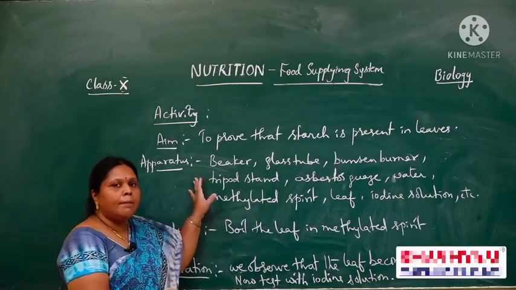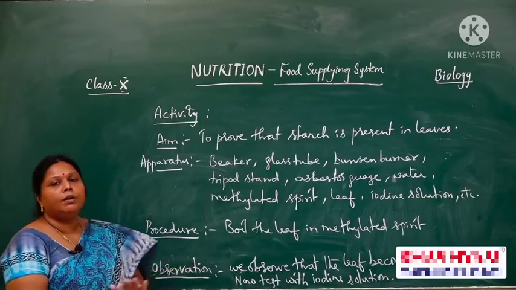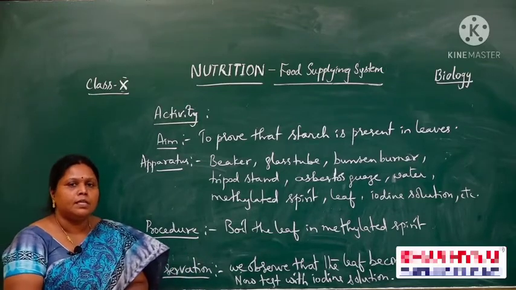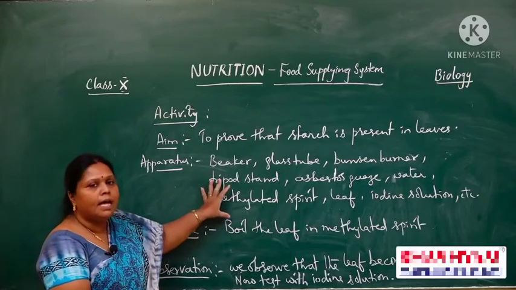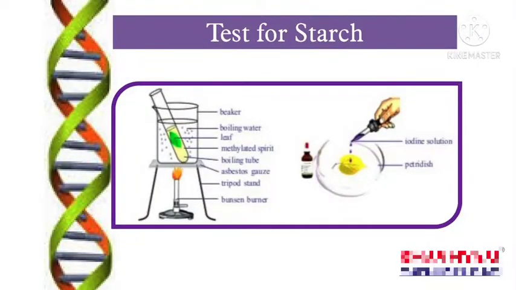So these apparatus are to be made into a setup. In the procedure, we are going to use all these apparatus. Now look at this picture, children. Take a beaker and fill it with water up to 3/4 of its level. Now take a glass tube, pour methylated spirit into the tube and insert a fresh green leaf into the tube.